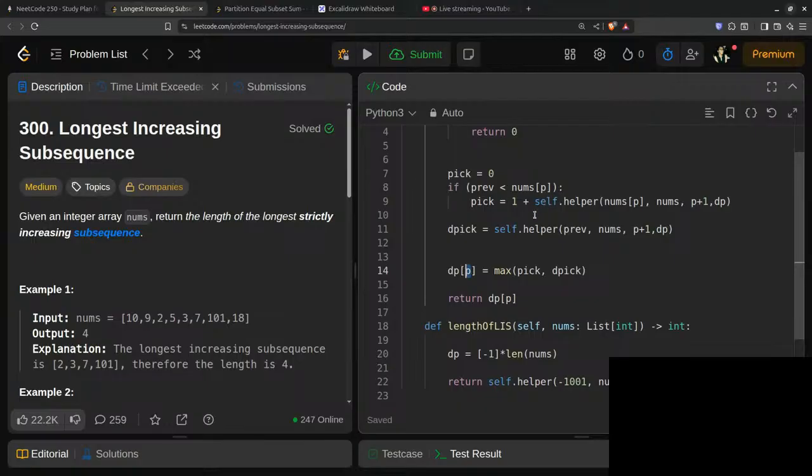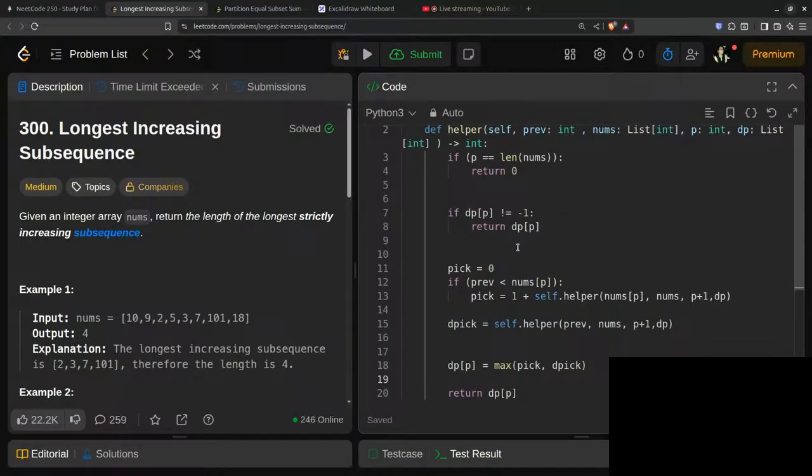So when it is not equal to -1, also I want to go inside this don't pick version, where I don't pick this. But it would depend on whether I picked it or not picked it.